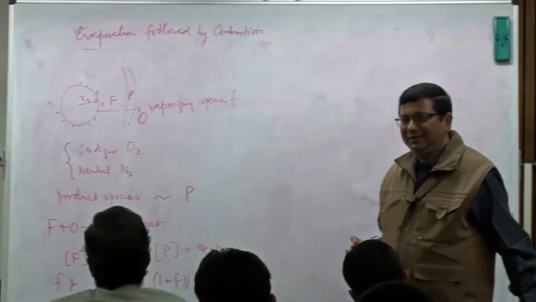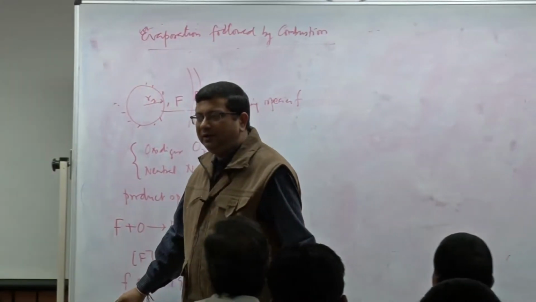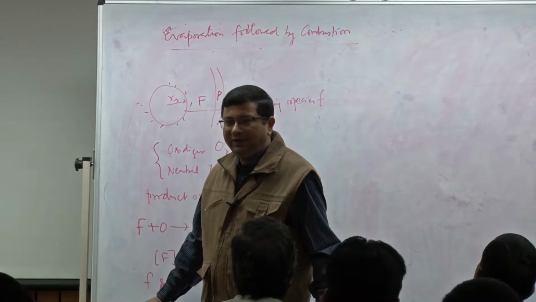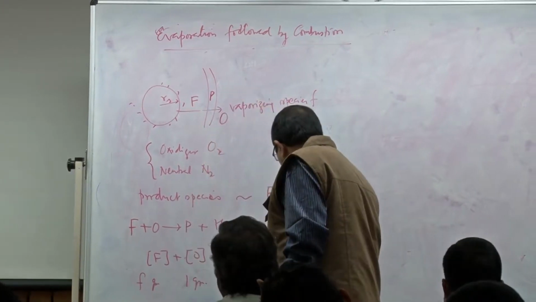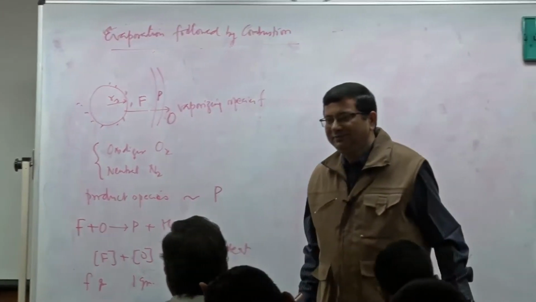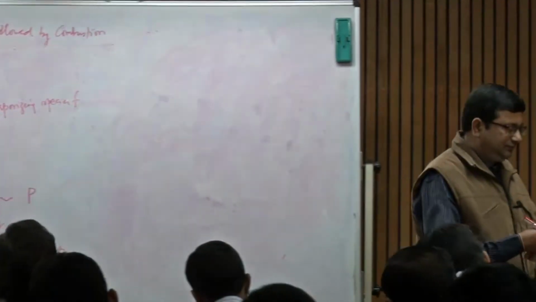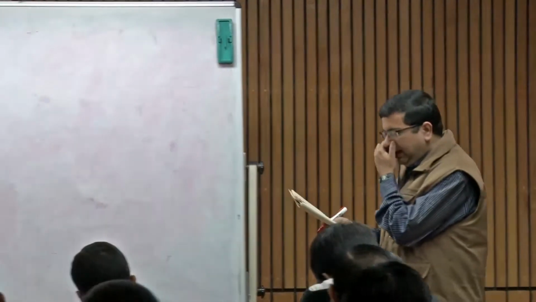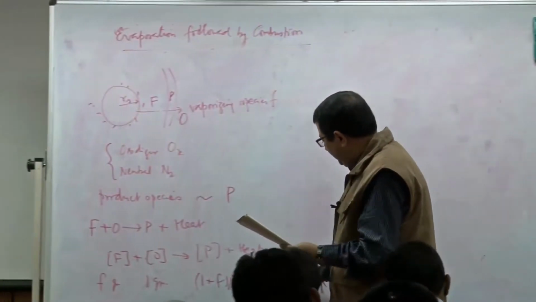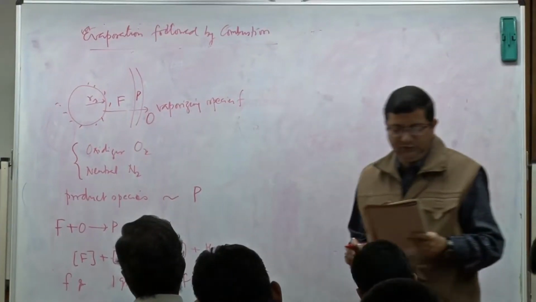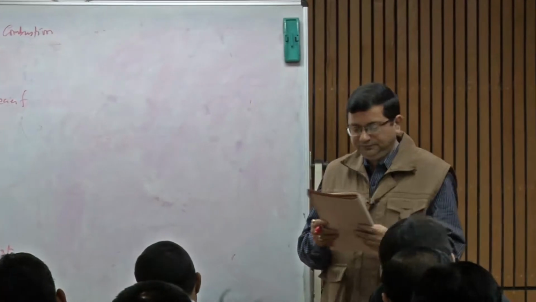If I am burning F gram of fuel and my heating value is H, then heat is F H, where H is the heating value or calorific value of the fuel. So, this is the amount of heat that is produced. That is the chemical reaction.